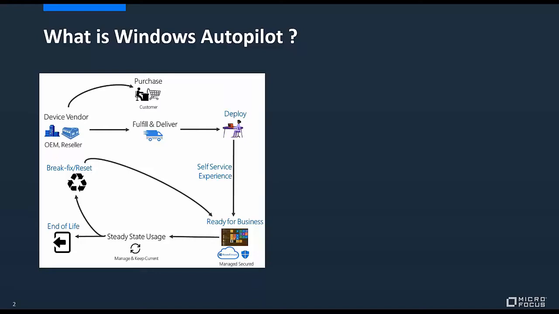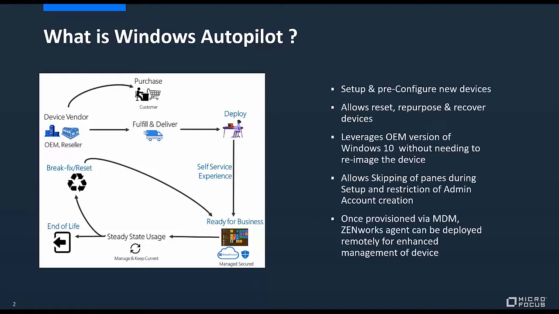During the setup process itself, these devices get provisioned and are enrolled via MDM into Zenworks. Once enrolled, Zenworks Agent and other applications can be automatically deployed to such devices, thus ensuring a seamless and automated provisioning and management workflow. So let's dive in and see how simple this process can be.